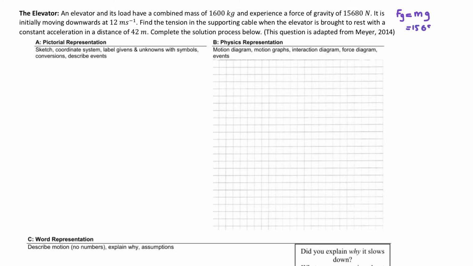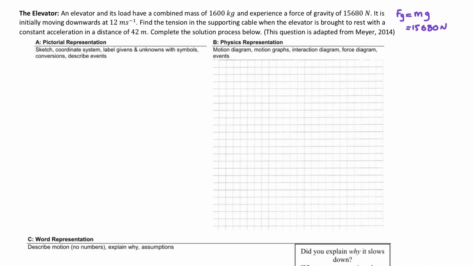That was 15,680 newtons. It is initially moving downward at 12 meters per second. To find the tension in the supporting cable when the elevator is brought to rest with a constant acceleration in a distance of 42 meters. Complete the solution process below.